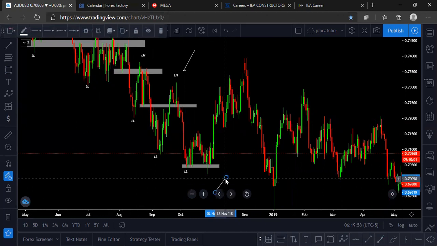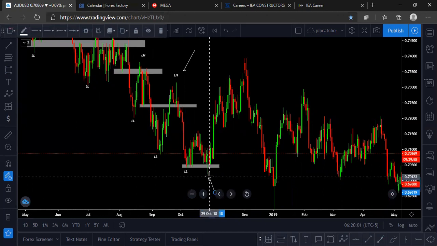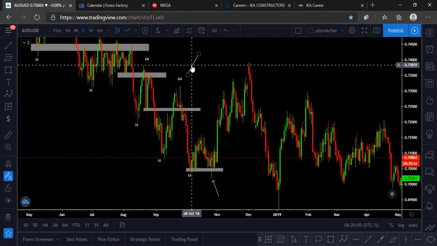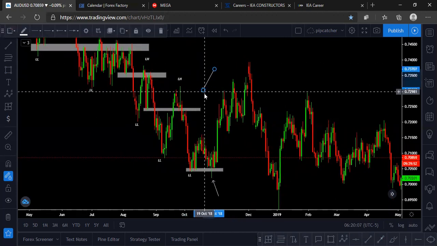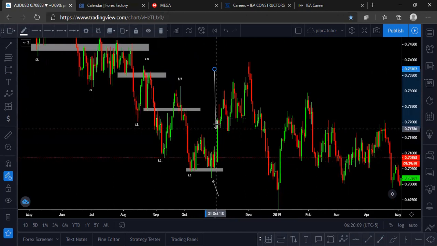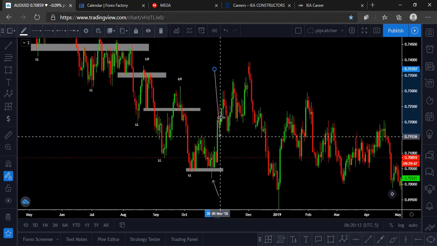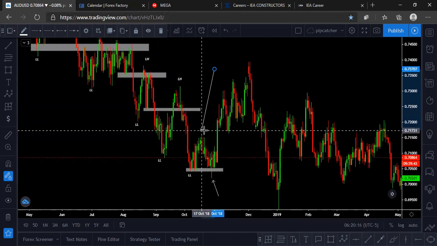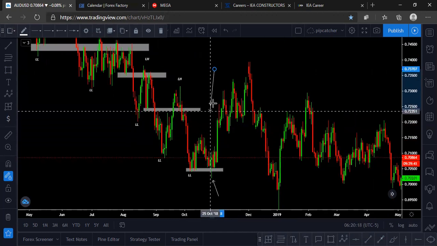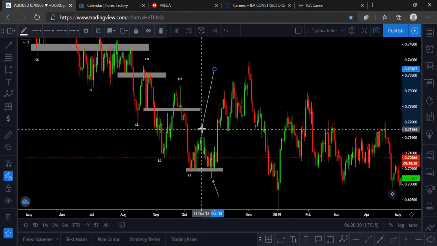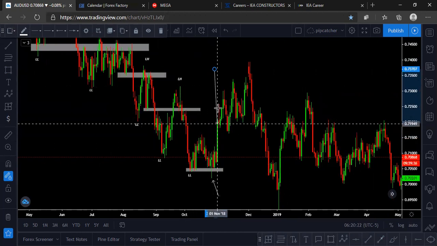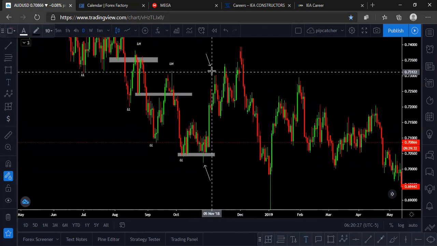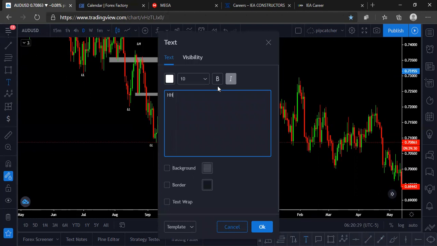We see this low right here, and then what happens next? We see this big impulse to the upside, breaking this previous structure, right? So from this high being broken right here, now we have a higher high, right?